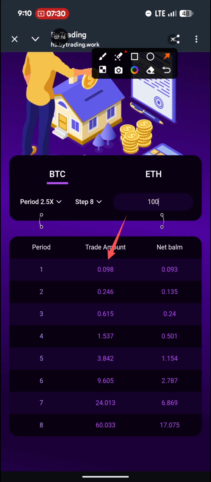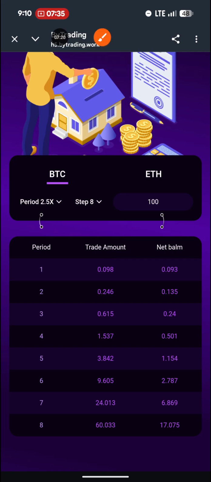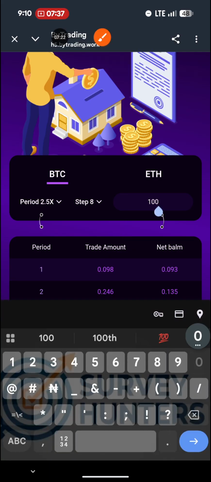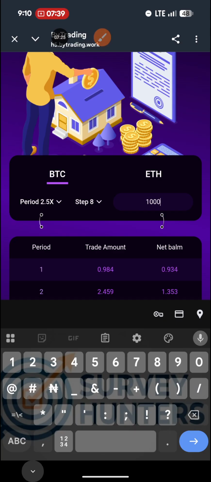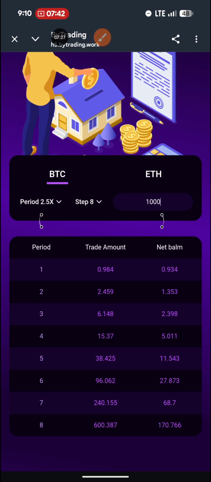That's if you are risking $100. If you are risking, let's say, $1,000, if you input $1,000, the trading amount is going to be 0.98. You understand? And so on and so forth.